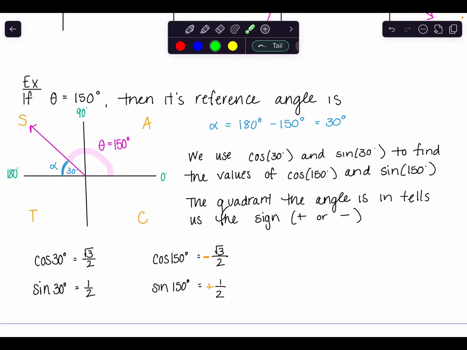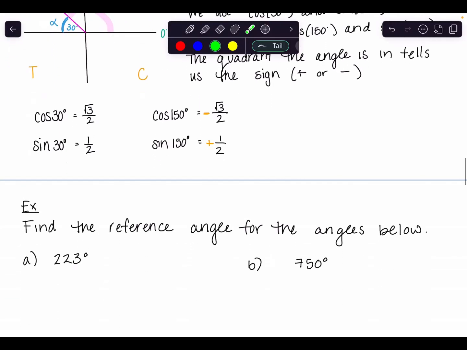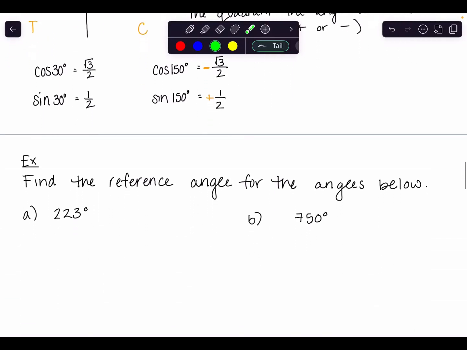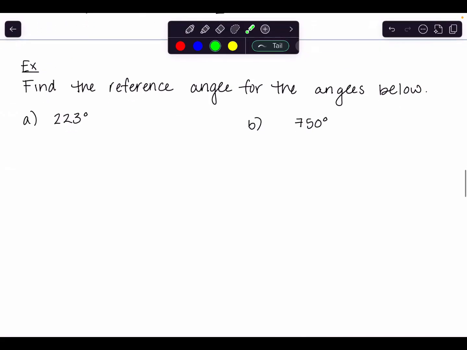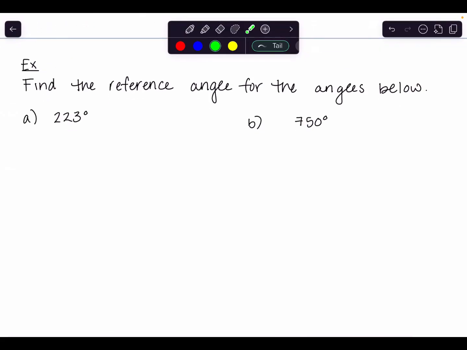So immediately that tells me I have to put a minus here, and this one's good. It is positive 1/2. Because you end up using the same 30, 60, 90 triangle to find the different sides of each of these, okay? So these reference angles are stuff we've already been using, but again, it just helps us for these special angles.